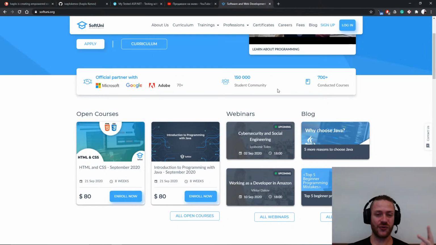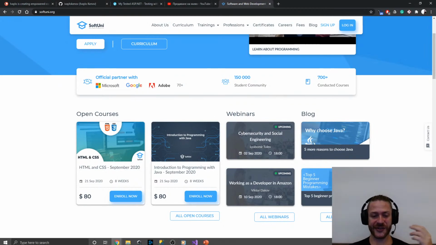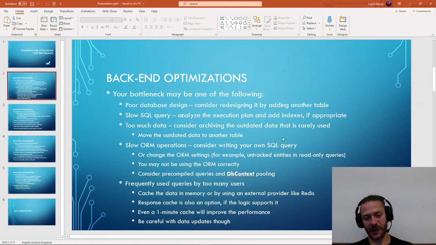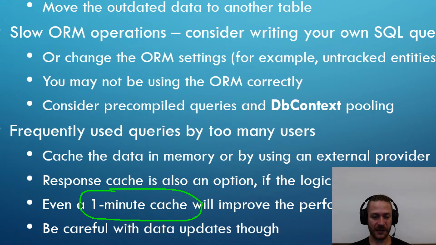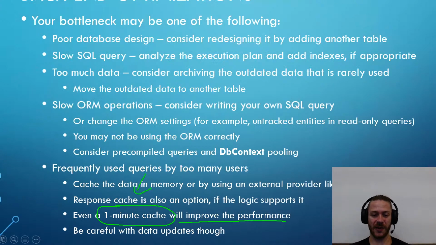So even a cache for 10 seconds may improve your application. So consider small caches too, caches which change frequently. But if you have a huge load, that will be a huge improvement. So consider even caches for 1 minute. If you have a lot of users for that minute, you will save a lot of database calls.